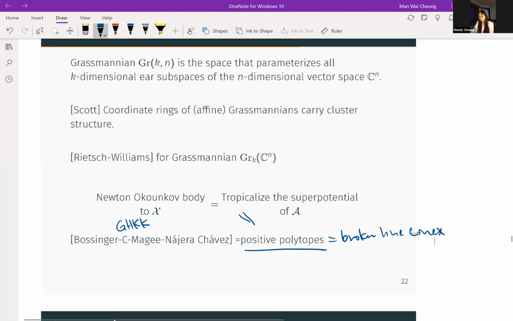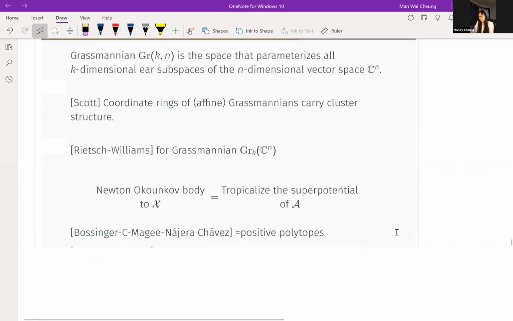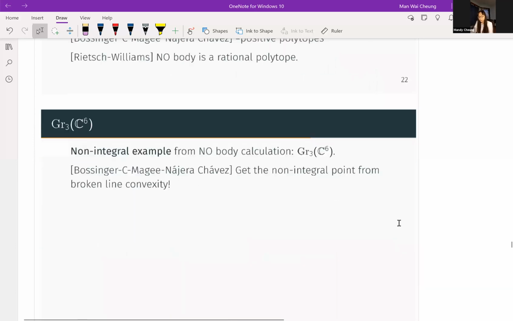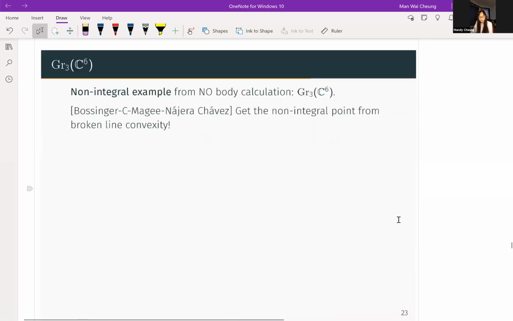And then what Rietsch and Williams showed in the paper is that this Newton-Okounkov body is a rational polytope. But the thing is, are they integral polytopes? Which is not. This example was actually computed by our collaborator Lara Bossinger, where when you go to the Newton-Okounkov body calculation, you get rational slopes.